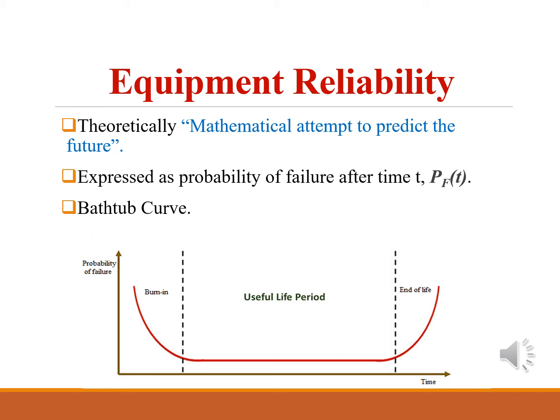And as the component ages after some time period, failure becomes more likely again, and it gives a graph like a bathtub. So you can see the bathtub curve on the screen. Probability of failure is higher at the beginning and it is also higher at the end. And in between, in the useful life period, it is zero or minimum.